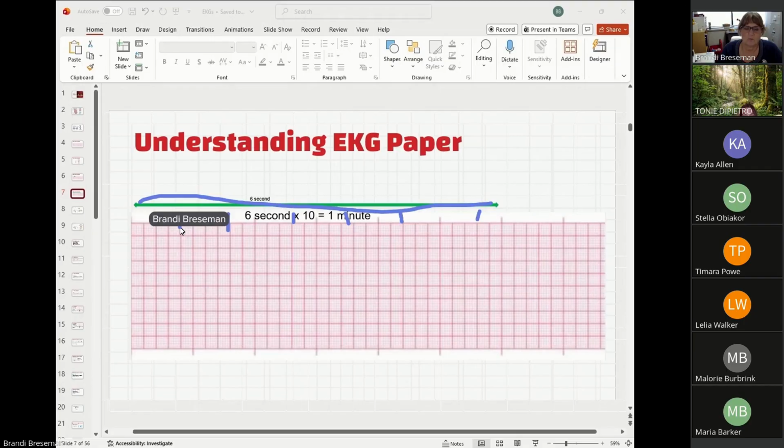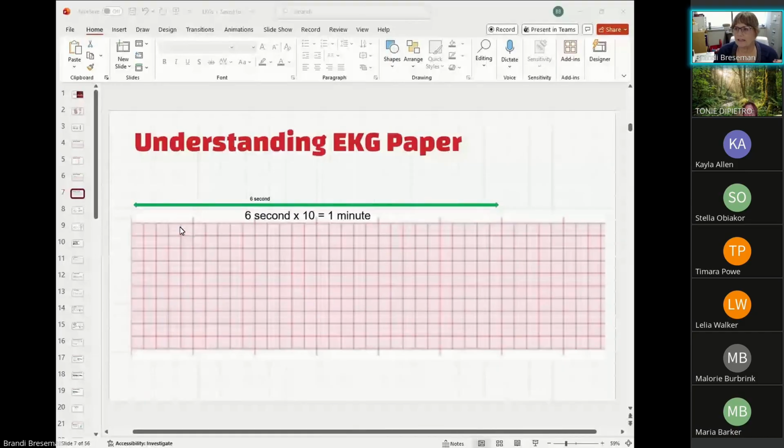Now, when we measure 6 seconds, we know 1 minute is 60 seconds. So whatever we get in 6 seconds, when we're talking about heart rate or QRS complexes, we're going to multiply that by 10 because 60 seconds is a minute. And that gives us our heart rate.